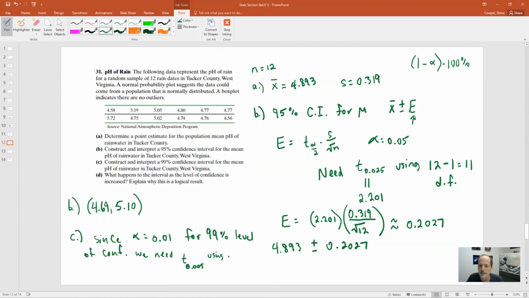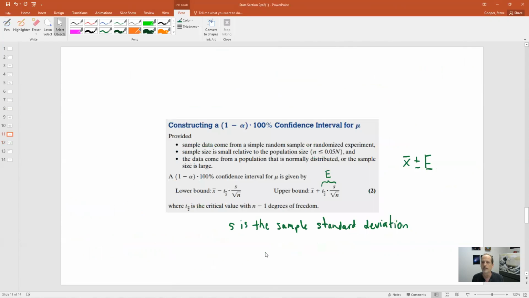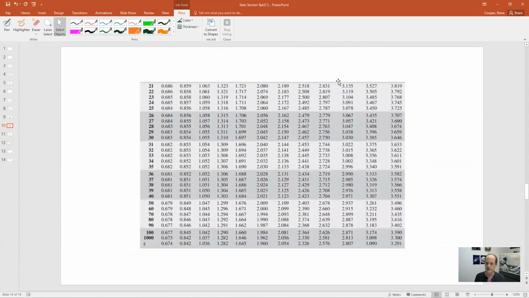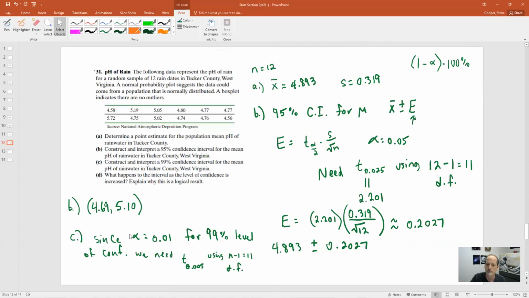And we're still using n-1 equal 11 df. So let's just go get the new T sub 0.005. Okay, so now we're interested in this. 3.106. So the only value that's changed for our calculation of the margin of error here is 3.106.